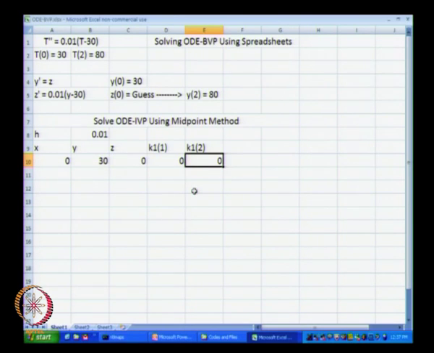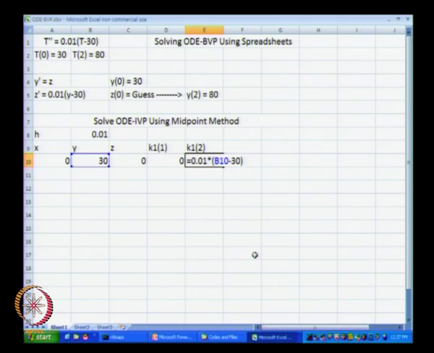So k1 is obtained through this particular equation, and our k1 for the second variable is obtained through this equation. K1 for the first variable is nothing but z computed at the location i, and k1 for the second is 0.01 multiplied by yi minus 30.